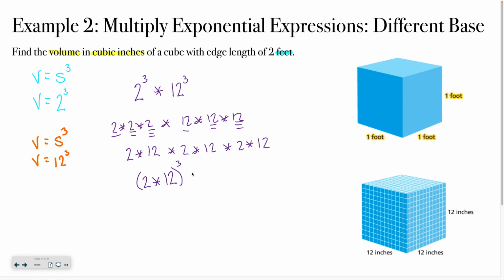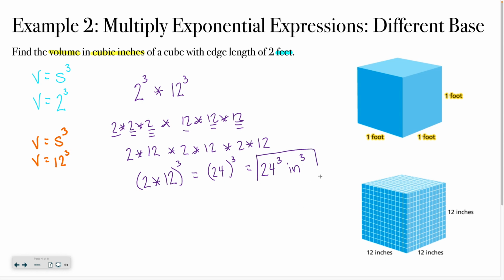And with that, if you remember your order of operations, you always simplify inside those parentheses. So 2 times 12 would be 24 to the third power. And now I no longer need those parentheses because it's down to just a single digit. So I would have 24 cubed as my volume in cubic inches.